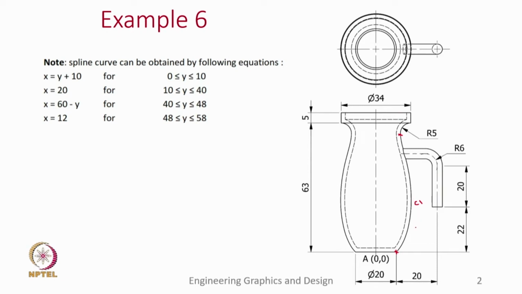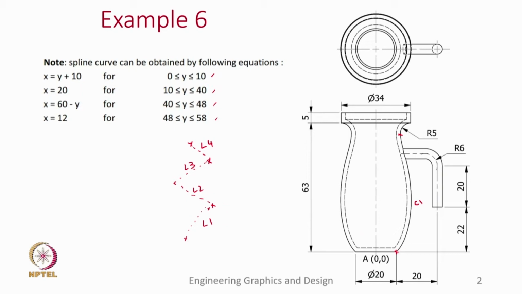This spline curve is defined by 4 line segments, so essentially you have control points which make line segments L1, L2, L3 and L4. Using these equations, let us first figure out the points of the vertices, then it will be easy for us to use the spline command.